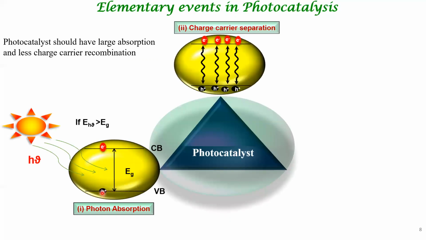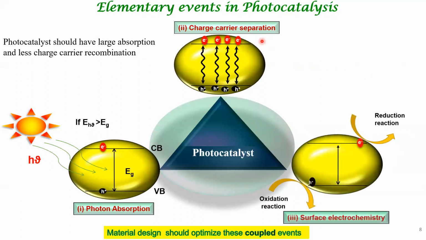Once the photon has been absorbed, an electron-hole pair is generated. Then this exciton has to be separated and moved apart in different directions to undertake surface electrochemical reactions. The holes are involved in the oxidation reaction. The electrons are involved in the surface reduction reaction.